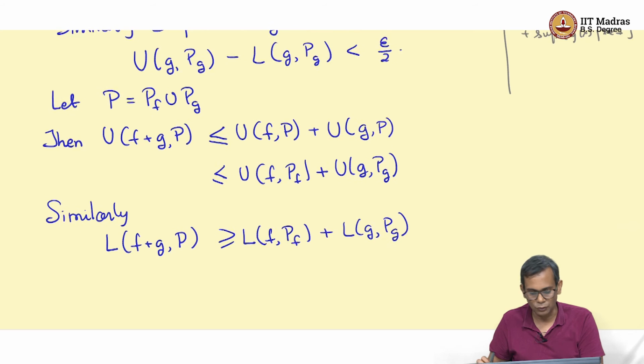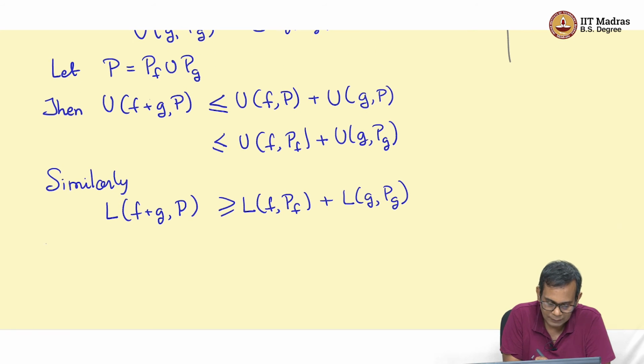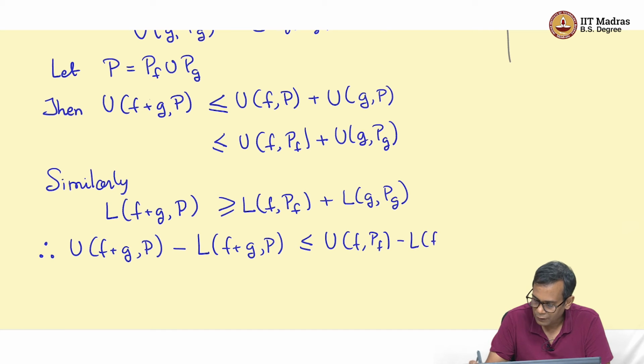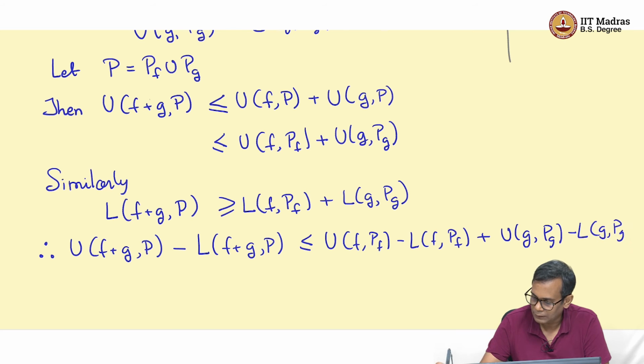And so, you can conclude from these two inequalities that U of f plus g comma P minus L of f plus g comma P is less than or equal to U of f comma Pf minus L of f comma Pf plus U of g comma Pg minus L of g comma Pg.